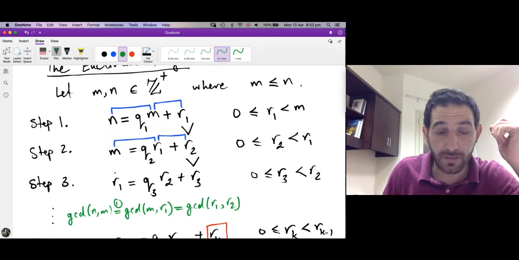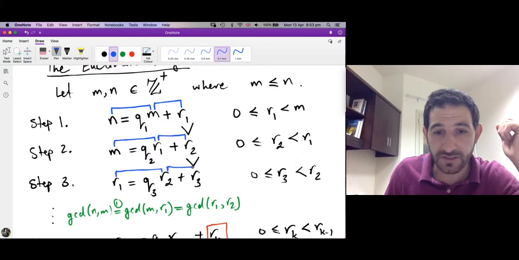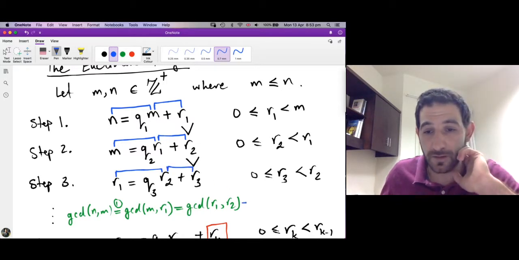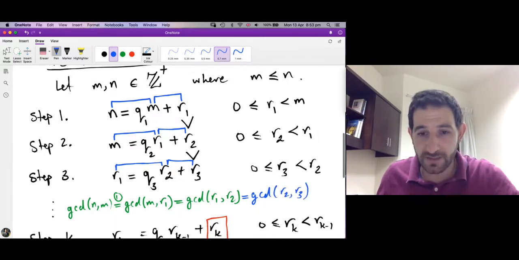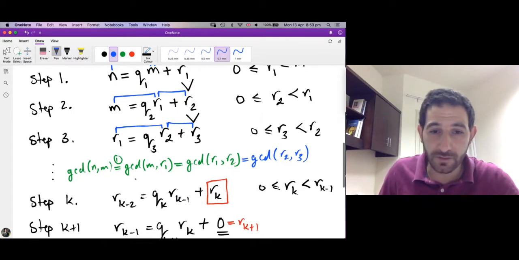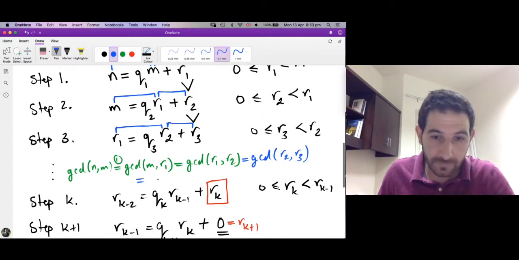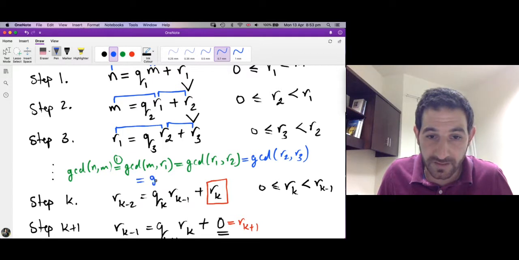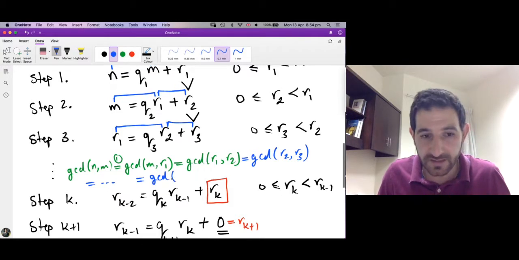Now from step 3, what do we know? We know that the GCD of r1 and r2 is equal to the GCD of r2 and r3. You can see the pattern, so we can continue like this, and all of them will be equal until the very last step, which is here.